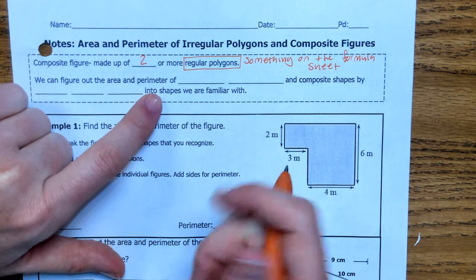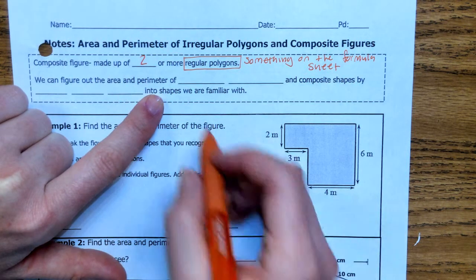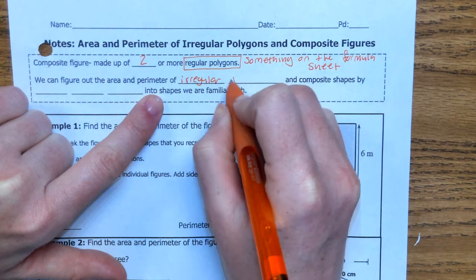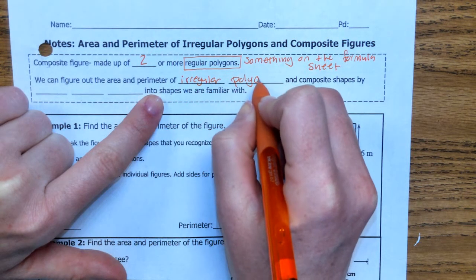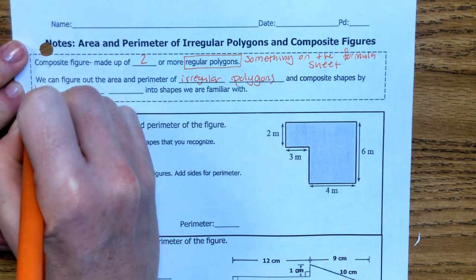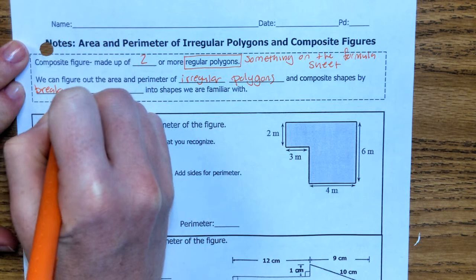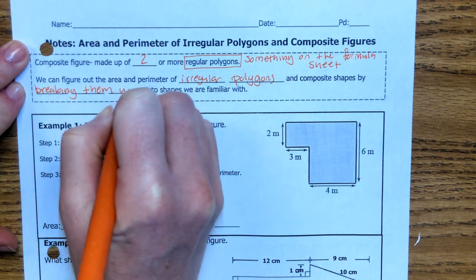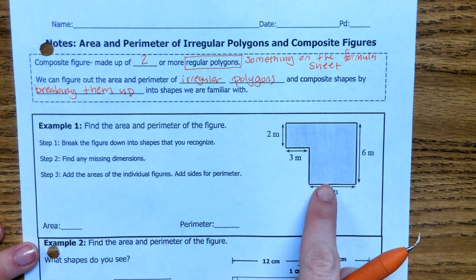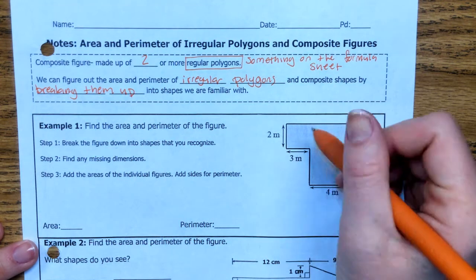So we can figure out the area and perimeter of irregular polygons and composite shapes by breaking them up into shapes we are familiar with. This is a funky looking shape, but we can break it up into 2 rectangles because we know how to find the area of a rectangle, I hope.